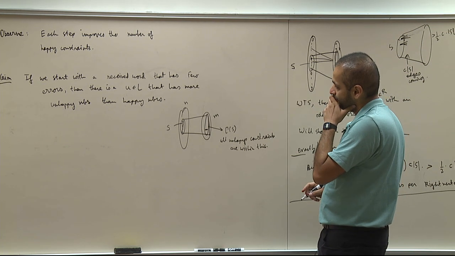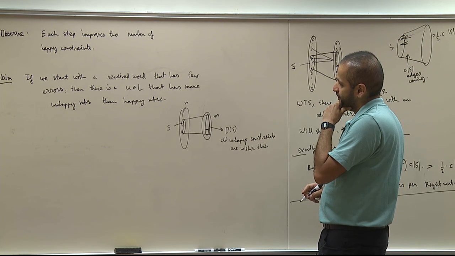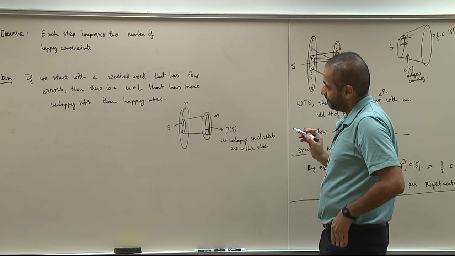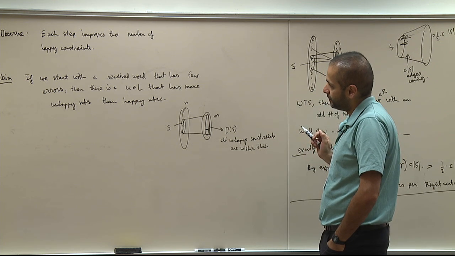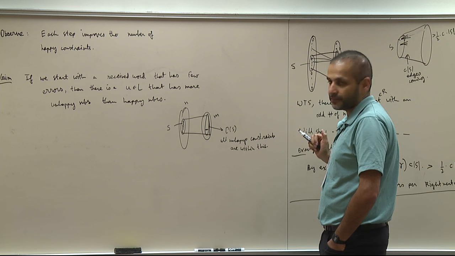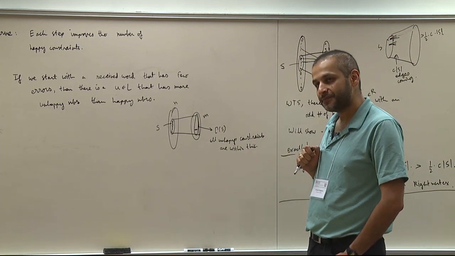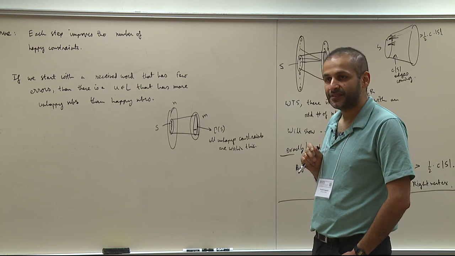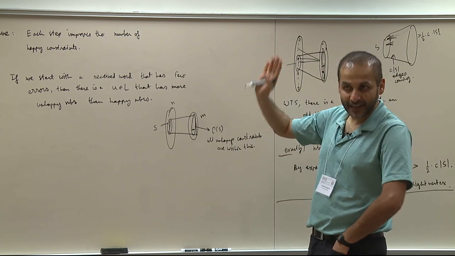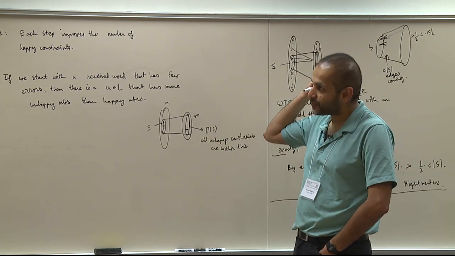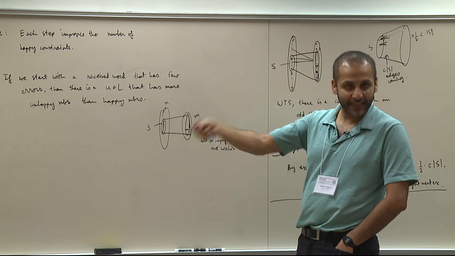So there must be a vertex on the left-hand side which has many unique neighbors, and it has many unhappy constraints. All unique neighbors are unhappy. So if you can find many unique neighbors, you have found many unhappy constraints.